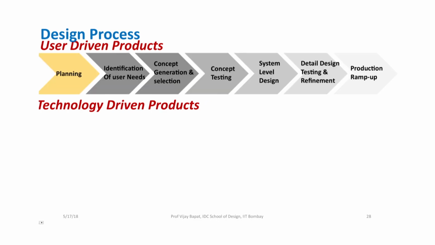Now, if you look at the design process which a designer is using, to understand the design process, we must divide the projects or the products into two groups. One is user-centric products or user-driven products, and another one is technology-biased products. So various stages: planning and identification of users' needs, and we have to follow rigorously and come out with a great design solution.